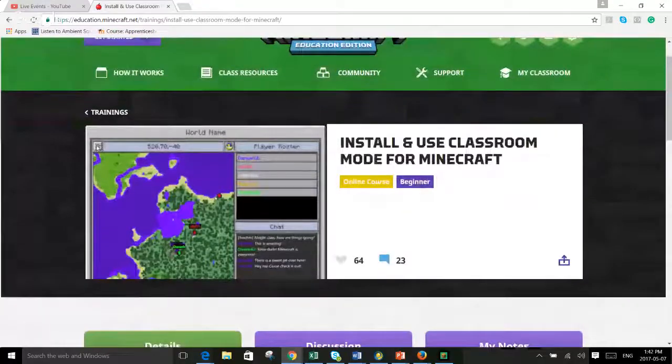There are a few other tools available. If you notice the little triple vertical button over on the left-hand side, as you're scrolling down a little bit more from the trainings, that button allows you on the Classroom Edition to do a number of different things, including pause the world. Probably one of the biggest things in play-based learning is that reflection opportunity.